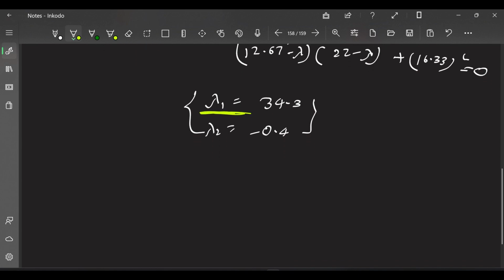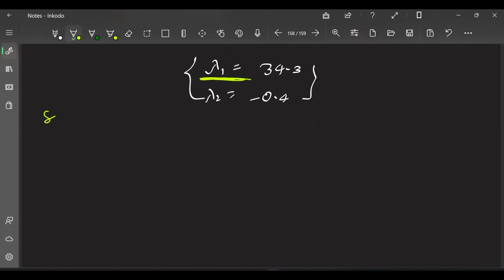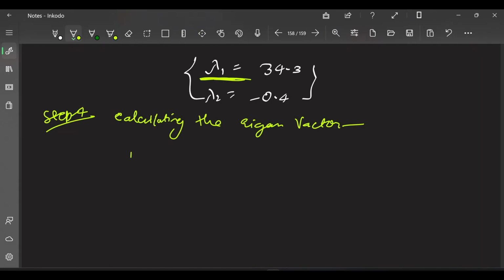So now step 4 was calculating the eigenvector. Here we will calculate it. The matrix was 12.67 minus lambda, 16.33, and 22 minus lambda, and here it was 16.33.